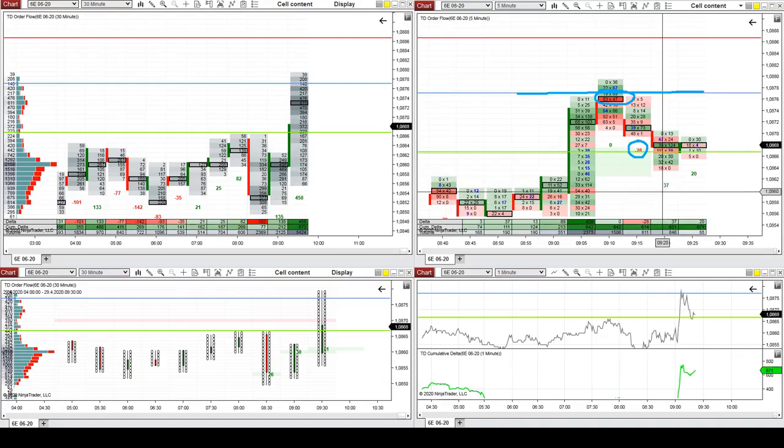And delta is positive. This is an important thing to notice, because this candle closed lower than it opened, so it is a selling candle, but delta is positive. Also, heavy volumes in this footprint are in the upper half, and there are not really too many heavy volumes traded in here.